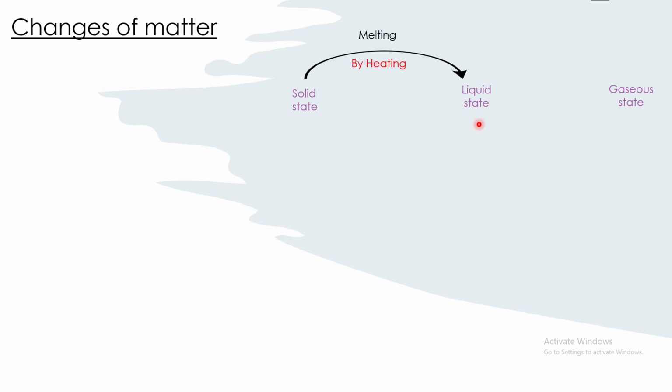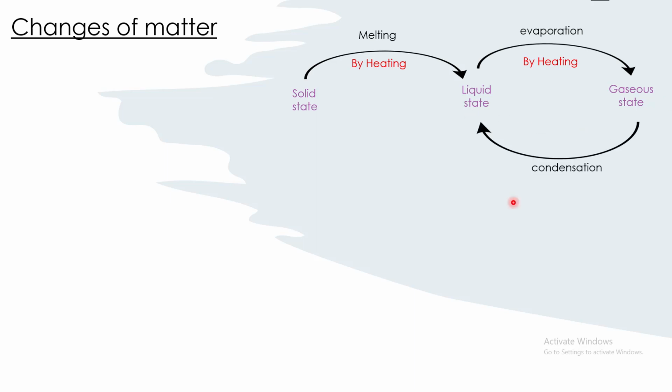If we want to transfer from the liquid state to the gaseous state, this process is called evaporation, and evaporation occurs by heating also. If we want to transfer from the gaseous state to the liquid state, this process is called condensation, and condensation occurs by cooling. And if we want to transfer from the liquid state to the solid state, this process is called freezing, and freezing occurs by cooling, of course.